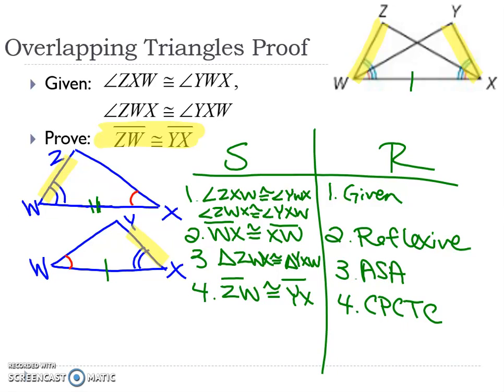So we're going to do an overlapping triangles proof. Here are two triangles, triangle WZX and triangle XYW, and they're overlapping. They're on top of each other. The given is that angle ZXW is congruent to this angle, and this angle is congruent to this angle.